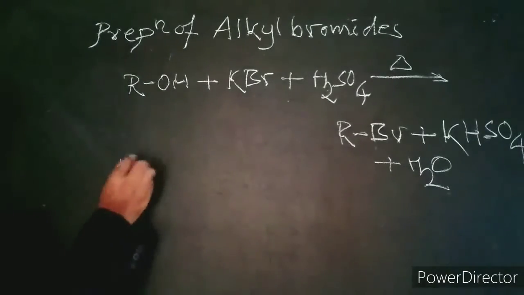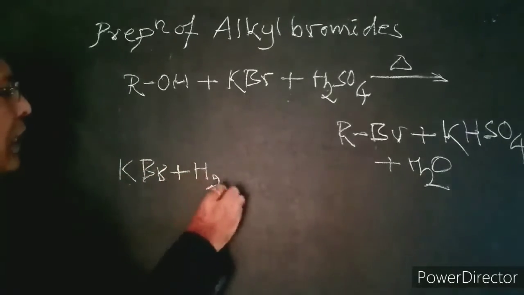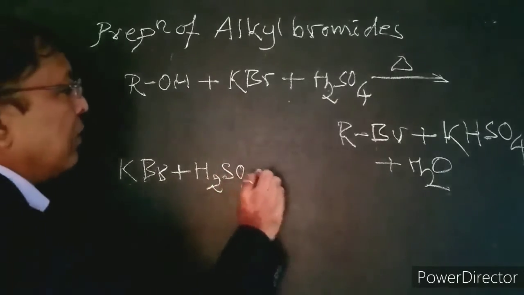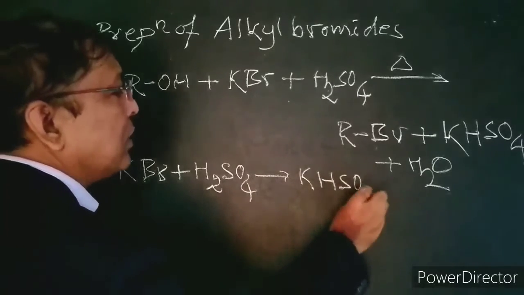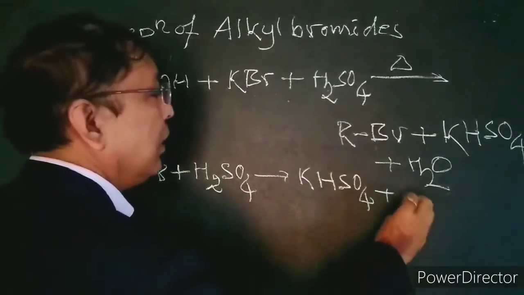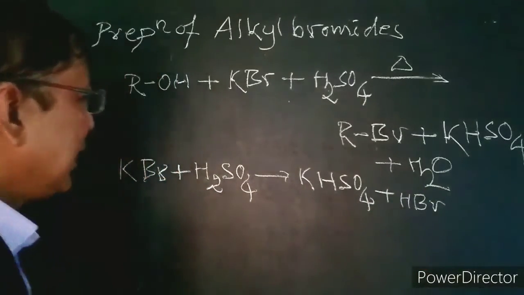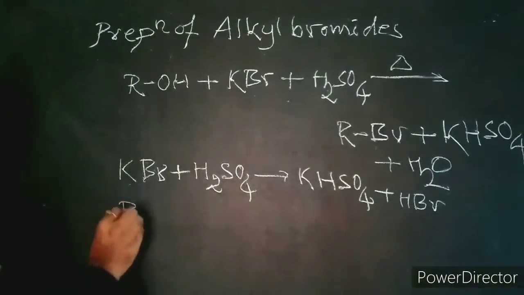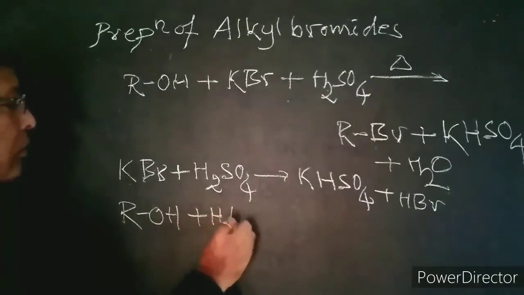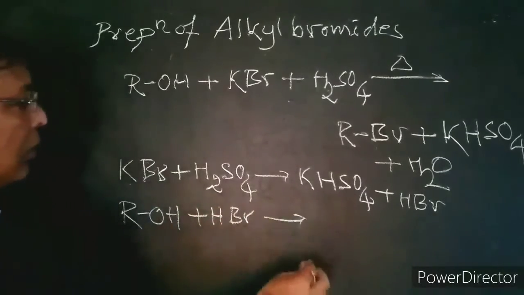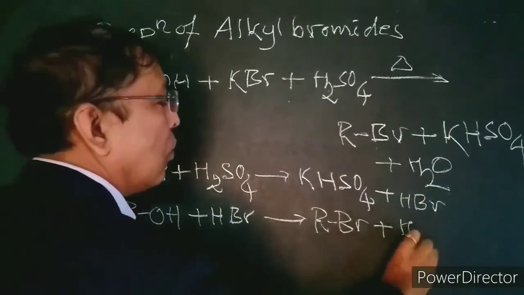In the first step, potassium bromide reacts with sulfuric acid and gives potassium hydrogen sulfate plus HBr. In the first step, HBr is generated. This HBr reacts with alcohol and we get alkyl bromide plus water.